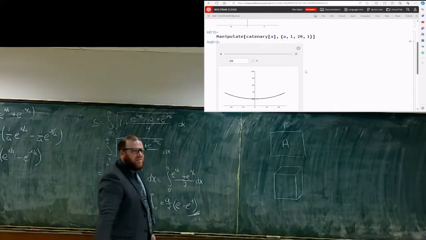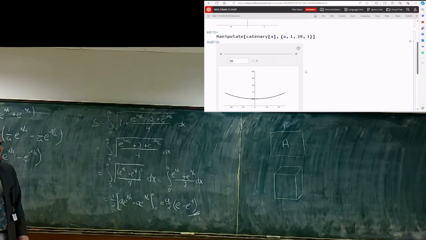Good enough for government work. There are again two quantities that we're interested in. Volume, how much is enclosed. Surface area, how much is around.